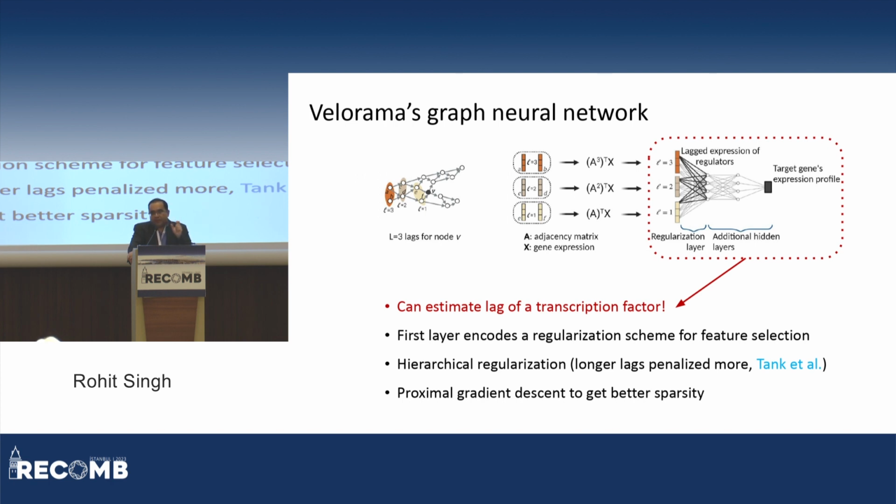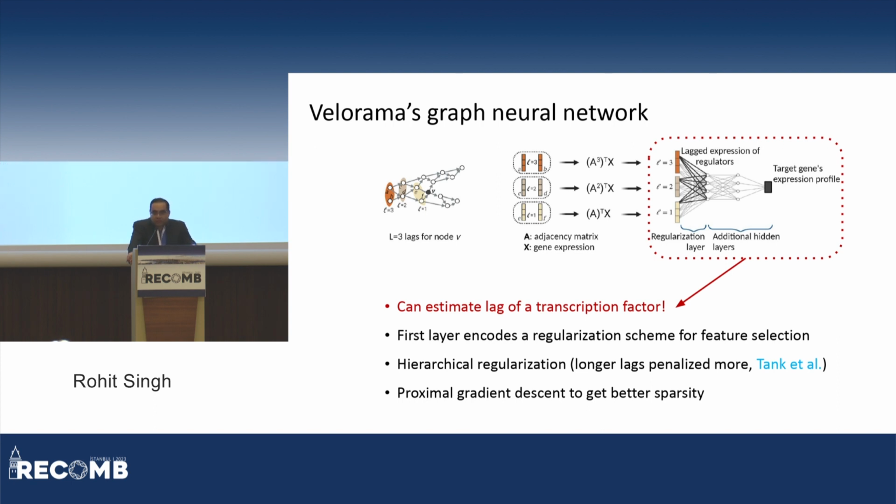That's where we put in that idea that we want to find the input features that are significantly predictive. And we do that by introducing this regularization. It requires a little bit of care in terms of optimization and so on. But the bottom line is you essentially get, at the end of this, transcription factors and lags, which are significantly predictive of this one gene.